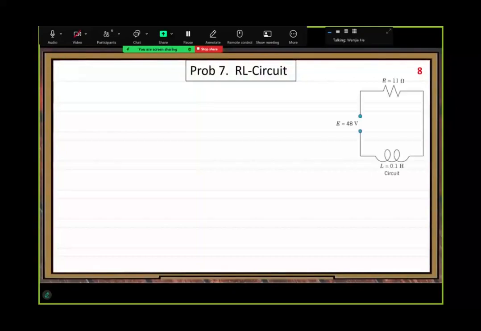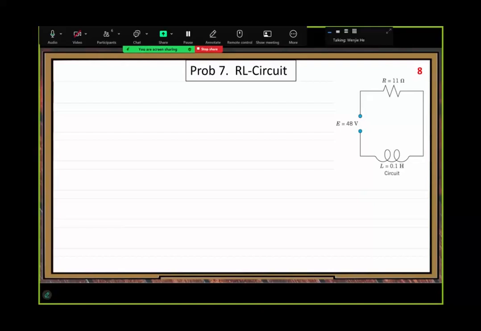First, let's look at a simple electric circuit. The electromotive force here, E equals 48V. That E can be either a battery or a generator.